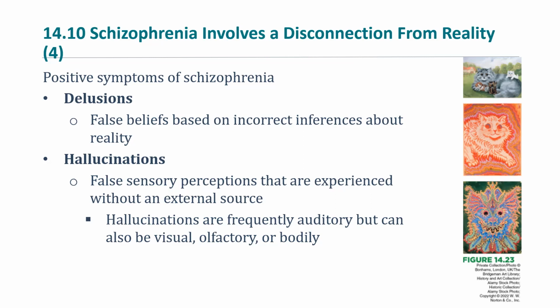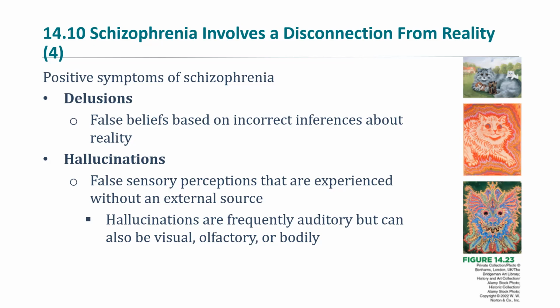So, yeah, you believe in something that's not real or not true, and it's obviously not true or real to somebody without schizophrenia. It's just to a normal thinking person.